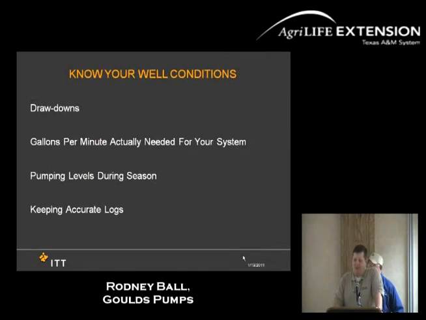Also, if you're looking at line shafts or submersibles, one thing to look at, you need to know your drawdowns. As was mentioned earlier, I can't remember the gentleman that mentioned it, you need to look at what your conditions are, because it does drop down from time to time. And throughout the year, it does change your conditions, and it does change the horsepower your pump is using.